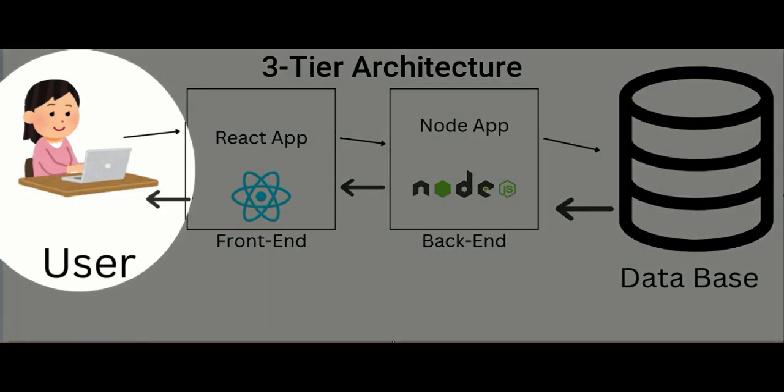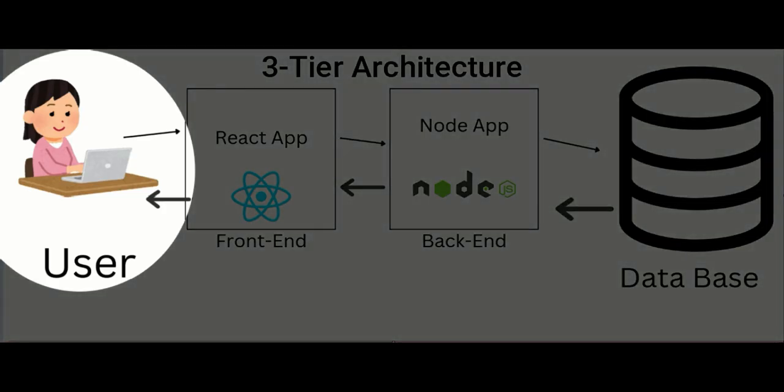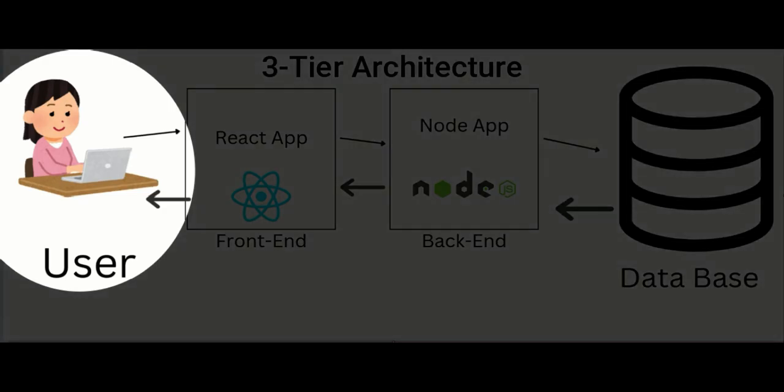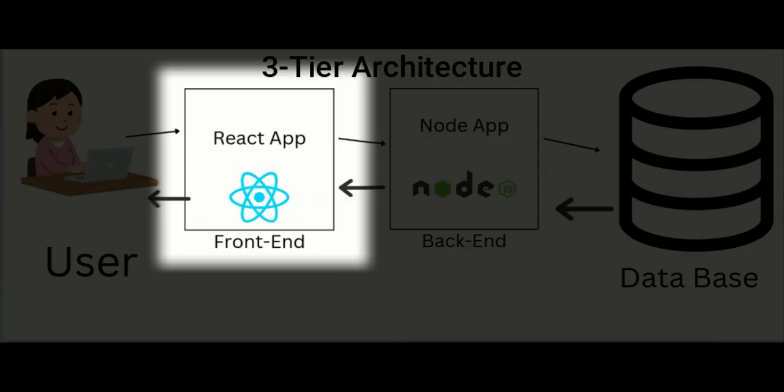The browser displays a list of e-commerce websites. In that, the user clicks on, say, Flipkart, and the website interface appears. The interface that the user interacts with, the layout, buttons, or any design that appears on the user interface, let's assume that the front end is designed in the React application or the React framework.